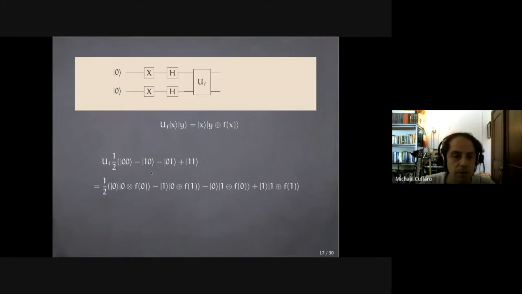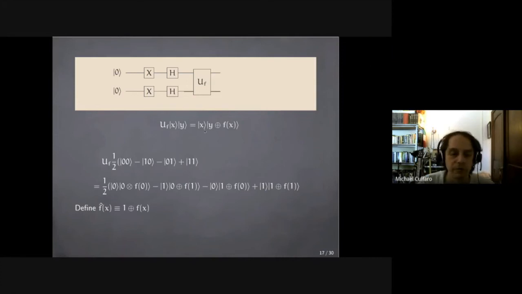So 0, 0 goes to 0, and then 0 exclusive OR f of 0, 1 exclusive OR f of 1, just in the way that that specifies. Now we have this expression, and this is the state of our computer.